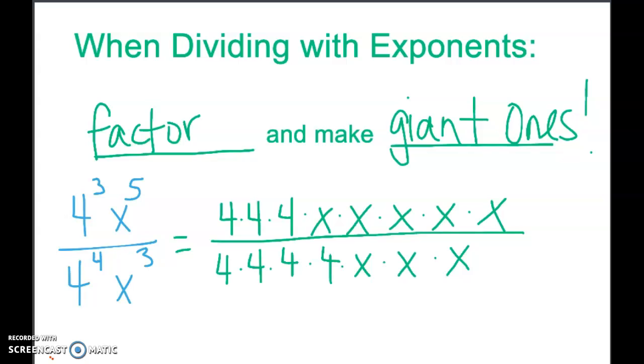So now when we go to make our giant ones, we're going to have 3 of them that we can make with 4s, and we're going to have 3 of them that we can make with our x's.